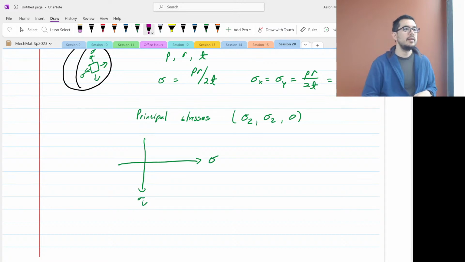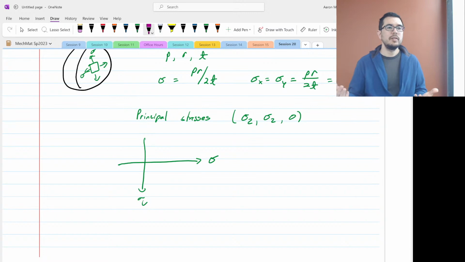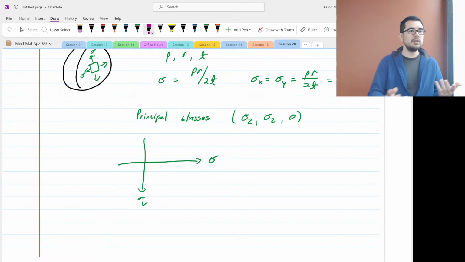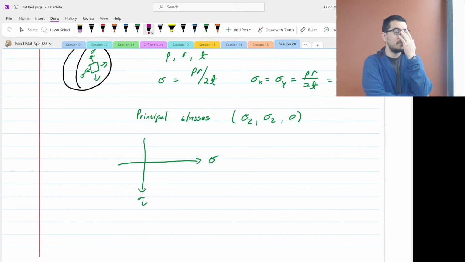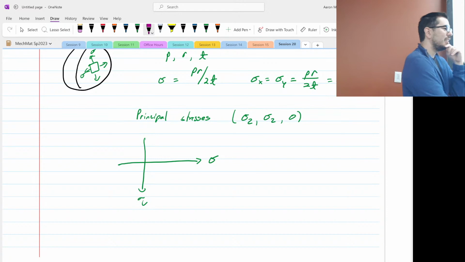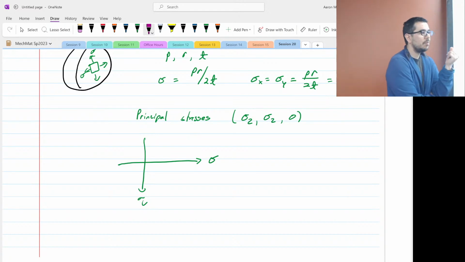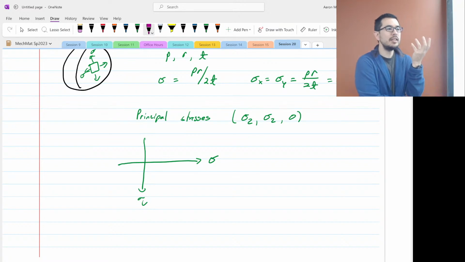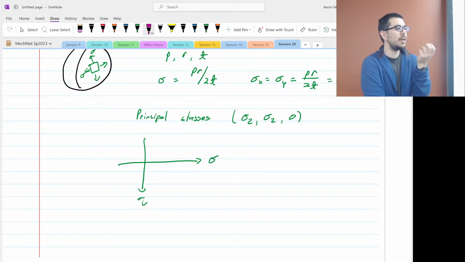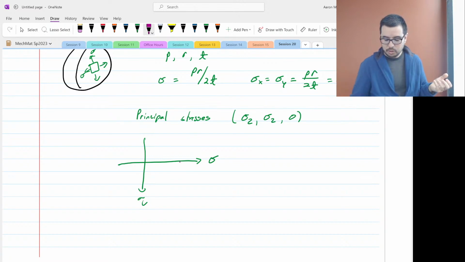So if we plot Mohr's circle with these principal stresses, what does it look like? You all tell me. It's just 1 point. The 2 points are smack on top of each other, for the circle part.